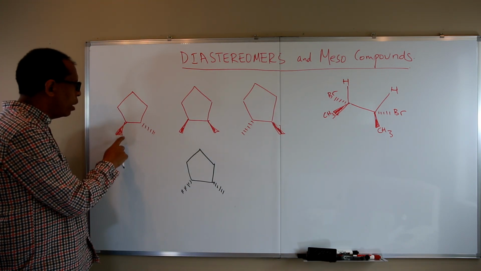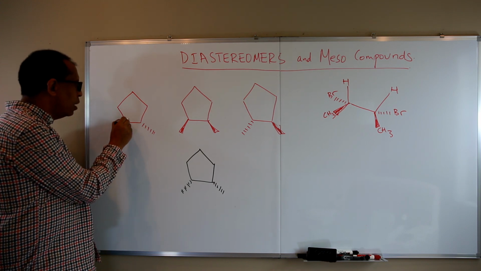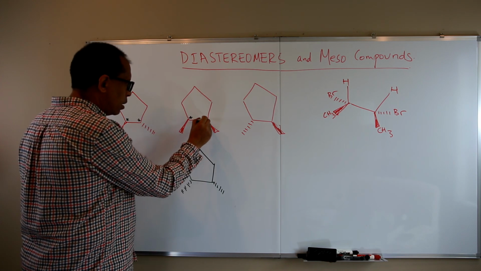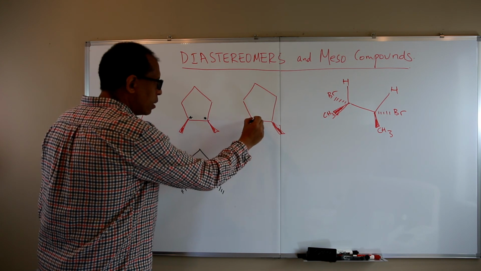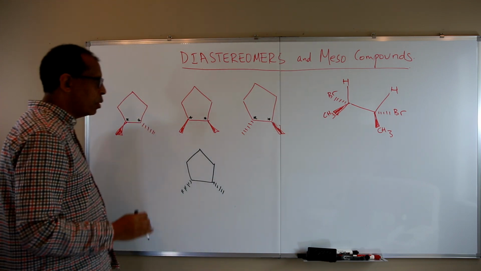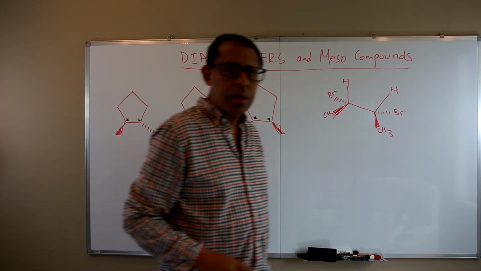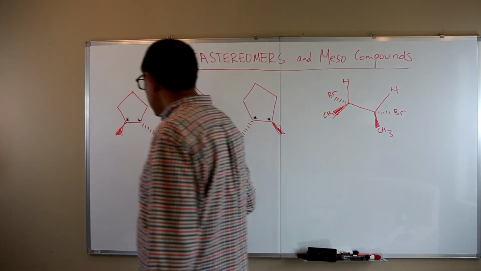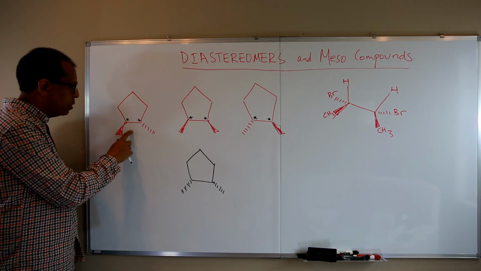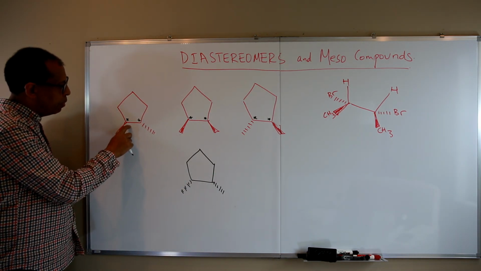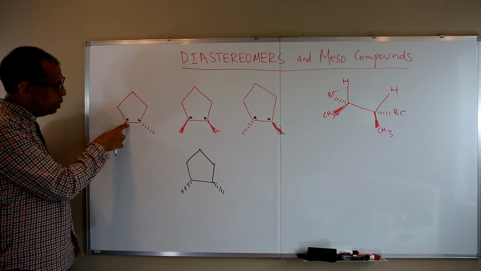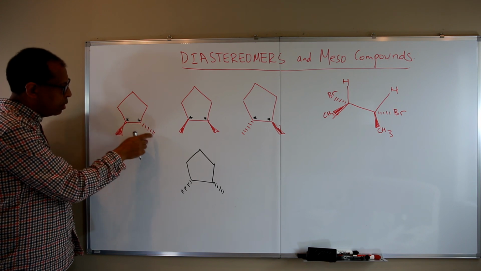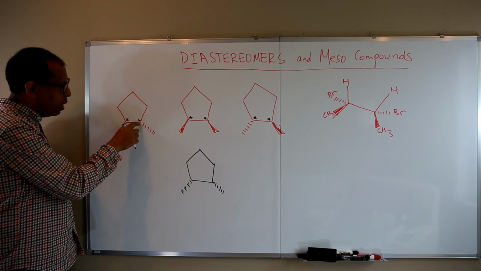For this compound, if these are the chiral centers, by the way, you should know this is a chiral center, that's a chiral center, that's a chiral center, that's a chiral center, because those carbons are substituted by 4 different groups. In terms of assigning priority for this carbon, this group has a CH2, CH3, CH, so it is a denser group.